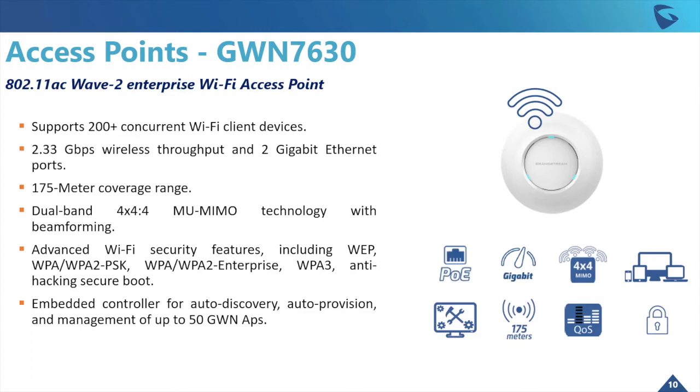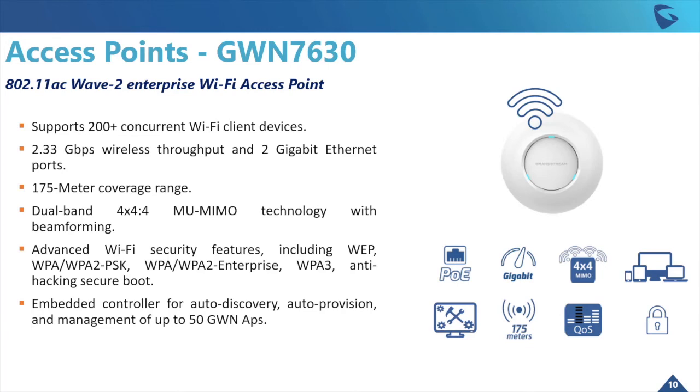It offers dual band 4x4 multi-user MIMO technology and sophisticated antenna design for maximum network throughput of 2.33 gigabits per second and expanded Wi-Fi coverage range of up to 175 meters. It handles up to 200 concurrent wireless connections, and GWN 7630 is an ideal access point for applications and devices that require high data throughput.